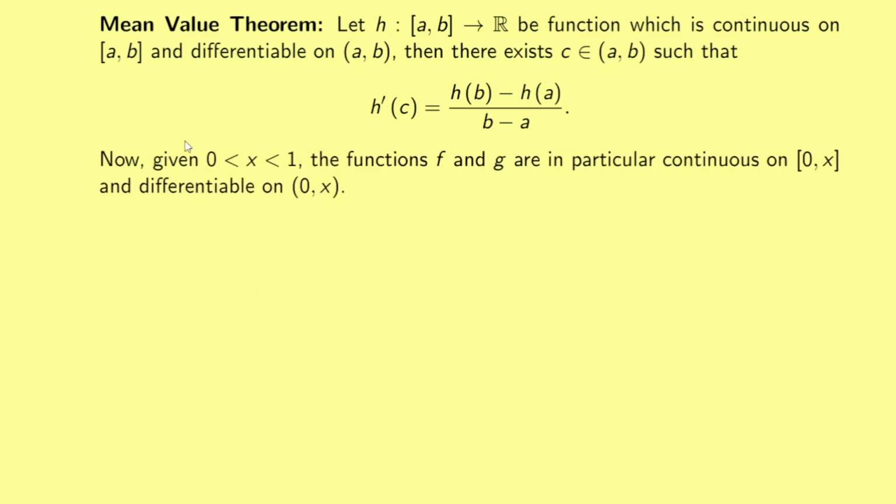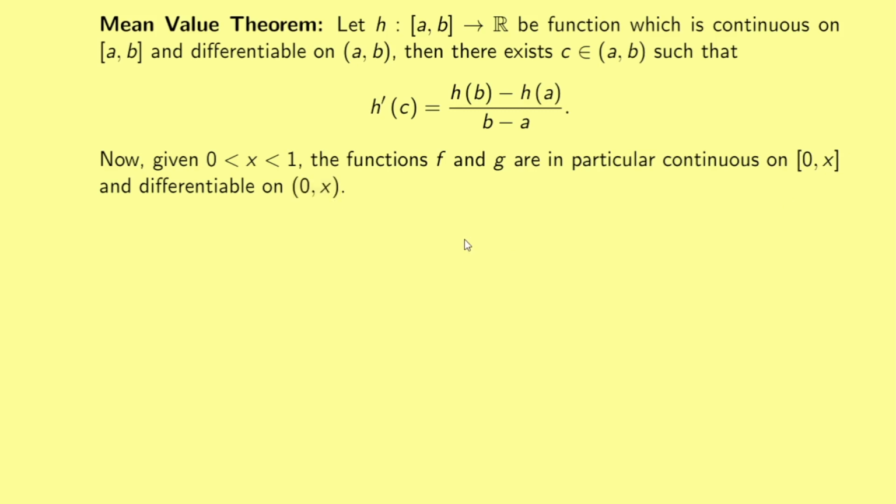We fix some x greater than 0 and smaller than 1, and we observe that since the functions f and g are continuous on the closed interval minus 1, 1 and differentiable on the open interval minus 1, 1, in particular they are continuous on the interval 0, x and differentiable on the open interval 0, x. So we can apply the mean value theorem to these mappings restricted to this interval.